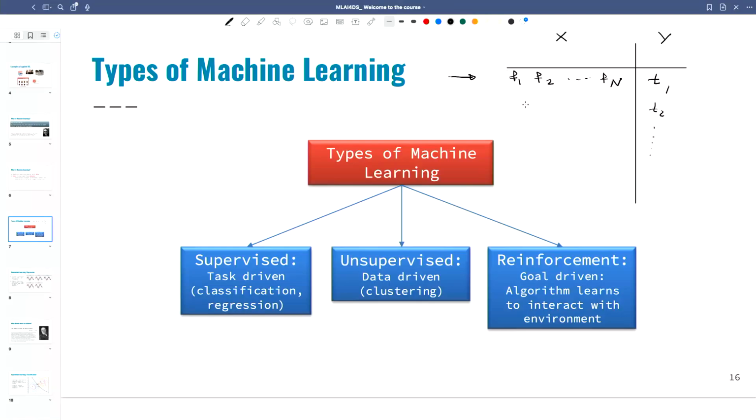If the target values, the T values, are discrete types, or categories that you want to predict, for example cats, dogs, healthy or unhealthy, these are discrete concepts. This is called a classification task.